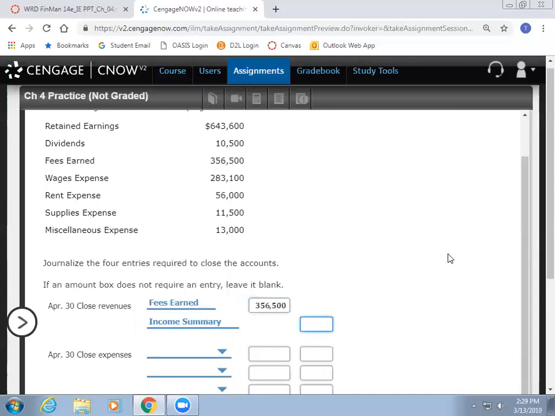The whole idea of a closing entry is just to zero out the account. If it has a credit balance, we debit it. If it has a debit balance, we credit it. And we're going to use income summary as a placeholder account, just in the closing process. So your first closing entry is always to debit all your revenues and credit income summary for total revenue.